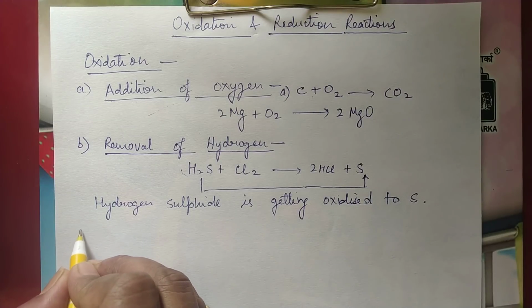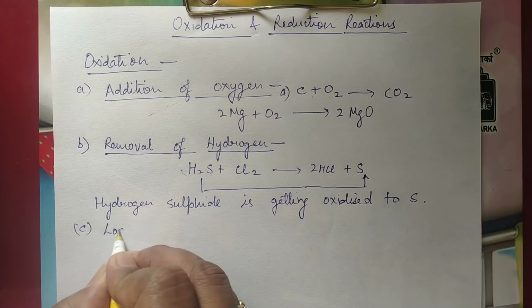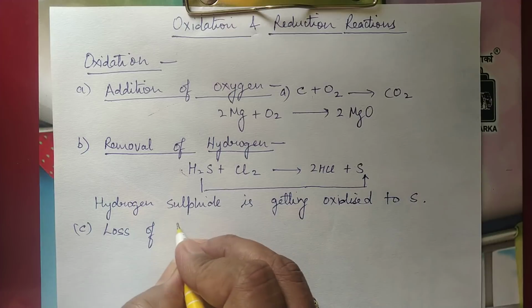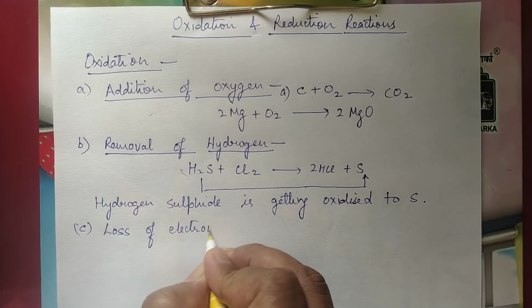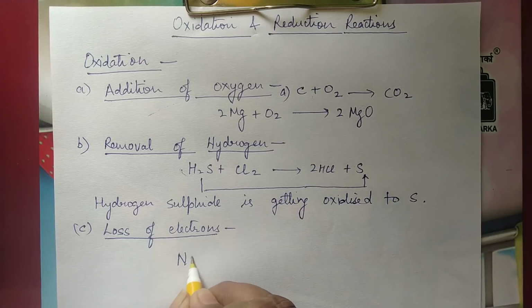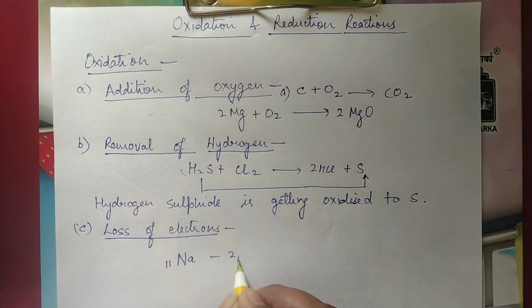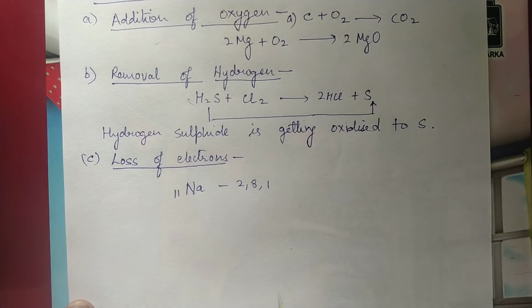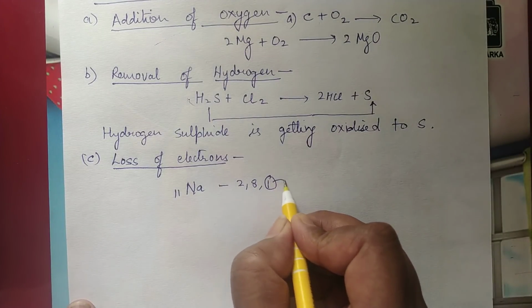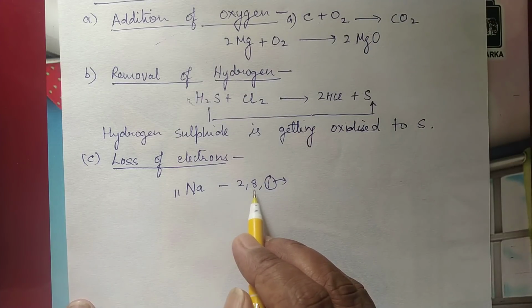Now the other way in which oxidation reactions take place is loss of electrons from some element. For example, suppose you have an element sodium, Na, which has atomic number 11, and electronic configuration 2, 8, 1. Sodium will lose the one electron present in its outermost shell to become stable, because you very well know that an atom is stable when it satisfies the octet rule.